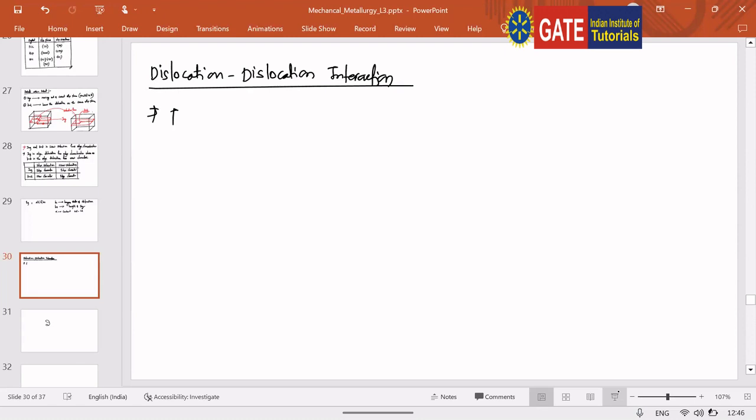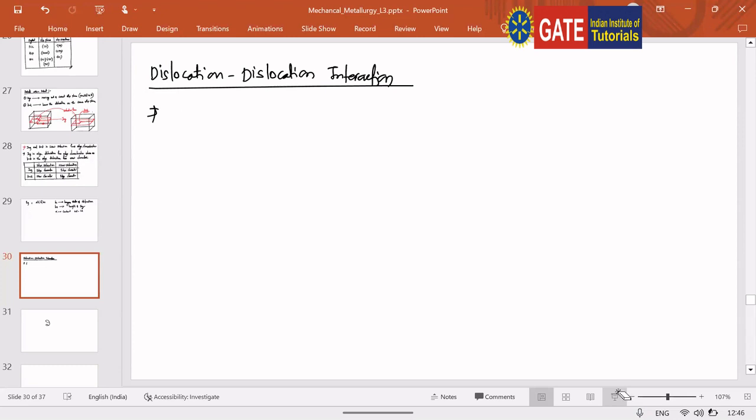External force tends to hardening of the material. I'll repeat. These extra segments in a dislocation line cost energy, and hence it requires work done by the external force, which tends to harden the material.